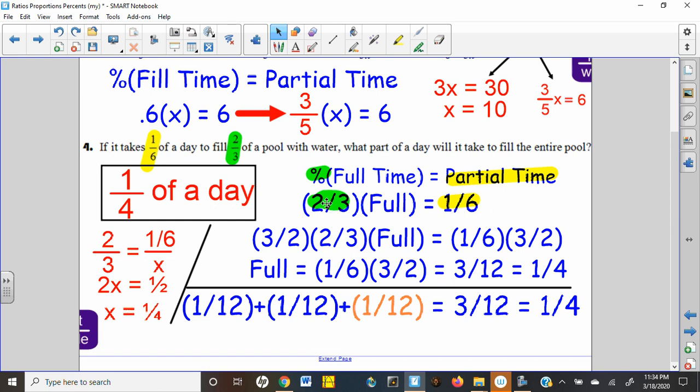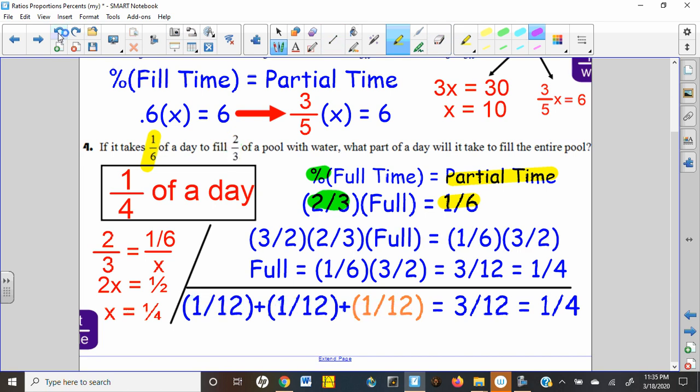Since 2/3 is 2 out of 3 parts, 1/12 plus 1/12 would be enough to fill the first 2 parts of the pool. That's the time I need for the first 2 parts. But because there's still a 3rd part left, I would have to add that in to get the full fill, which ends up with 3/12 or 1/4. You can see we get the same answer. It's another way of thinking about it. That might make more sense to some of you.